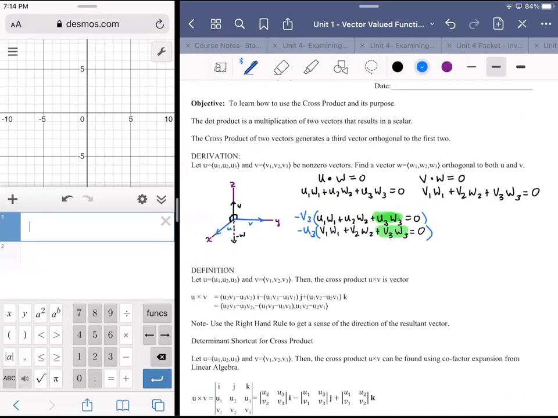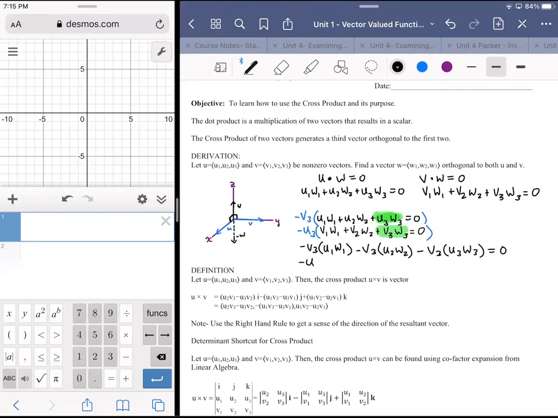And again, I'm not going to carry this through too much further because you can already see how much of a nightmare it would be. Or fun, depending on your perspective on things. But we'd have negative V3 U1 W1 minus V3 U2 W2 minus V3 U3 W3 equals 0.